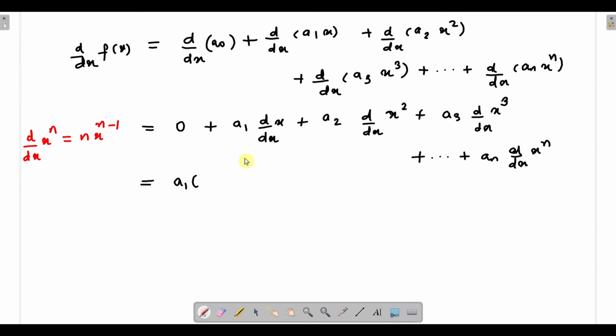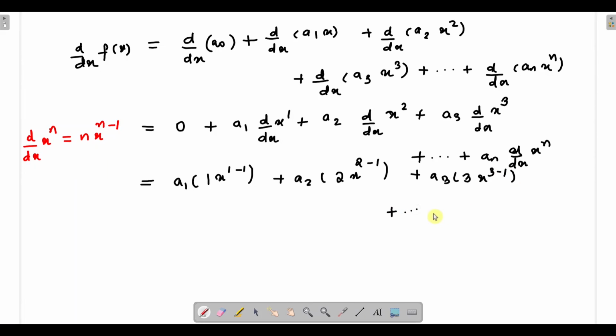Okay, so if you look at this x, it is nothing but x raised to 1. So n is 1 here. So 1 times x raised to 1 minus 1 you will get, right? Plus a2 times the derivative of x square. So here n is 2, so 2 times x raised to 2 minus 1, right? Plus a3, n is 3 here, so 3 times x raised to 3 minus 1, right?